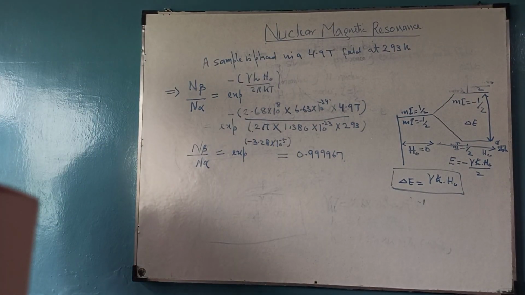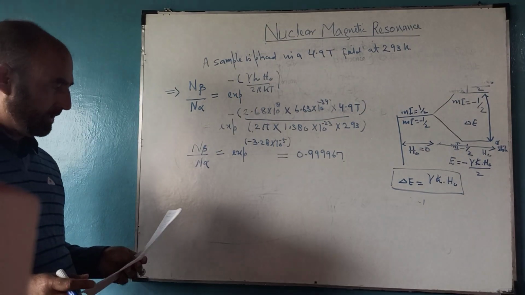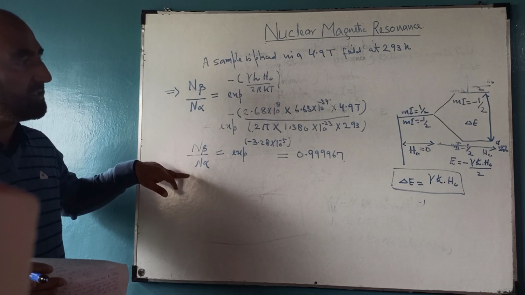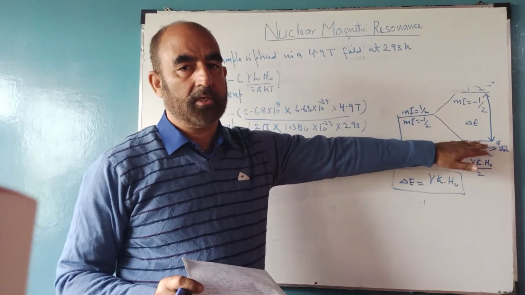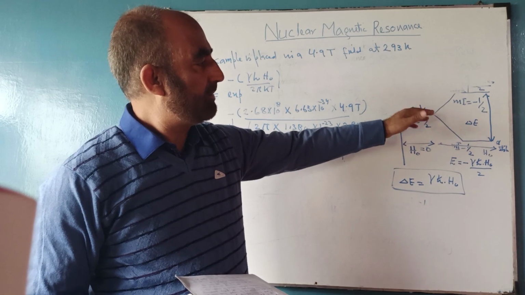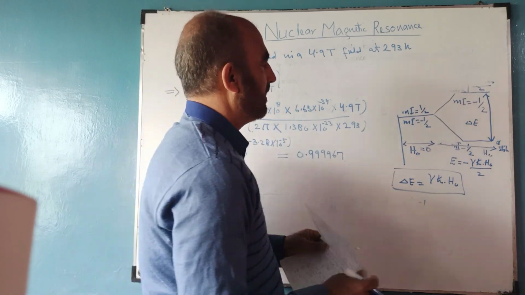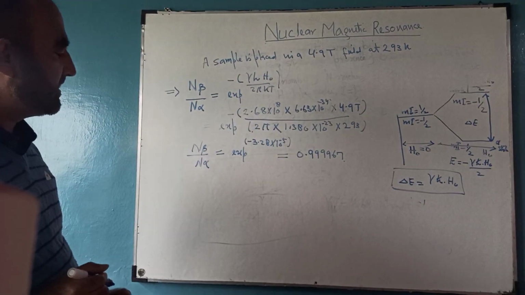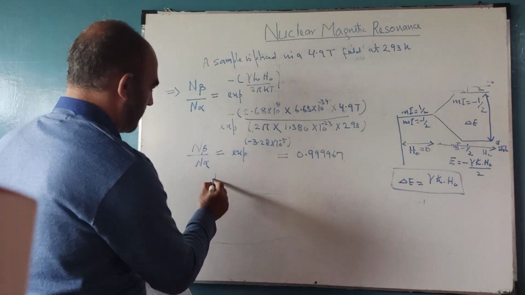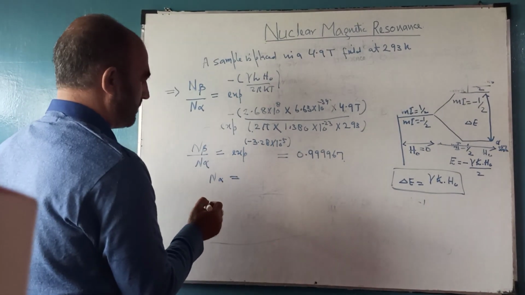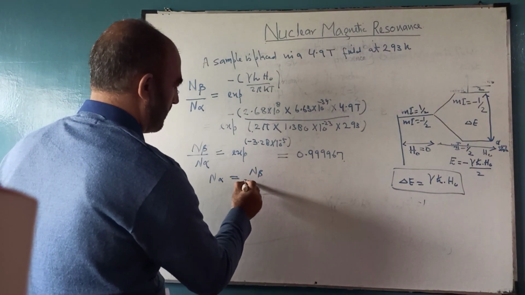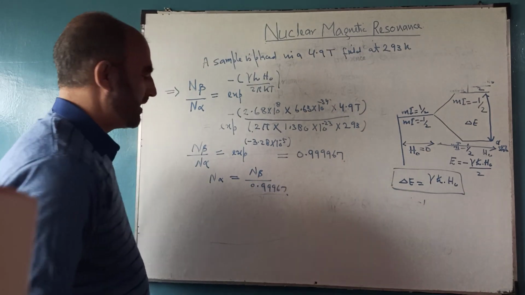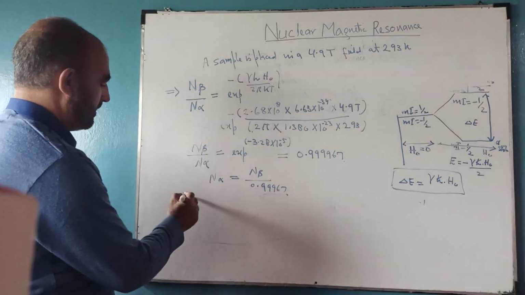So if I want to determine the relative number of protons occupying the alpha state, the ground state here, to the number of particles occupying the higher state, the beta state, n alpha will be equal to n beta divided by 0.99967.